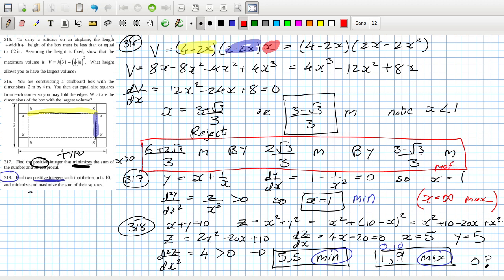Did I actually check if it was a maximum? Let's see. The second derivative is 24x minus 24. Yeah, that's a positive, which makes it a minimum. No, that's not right then.